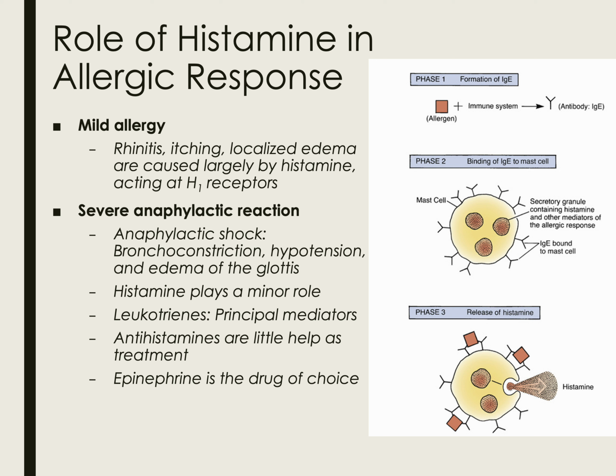Mild allergies like rhinitis, itching, or localized edema are caused largely by histamine acting on the H1 receptor. So we're going to see very mild allergic reactions like acute urticaria or hives, or even mild transfusion reactions, all working on the same pathway. And these are generally responsive to antihistamine therapy.